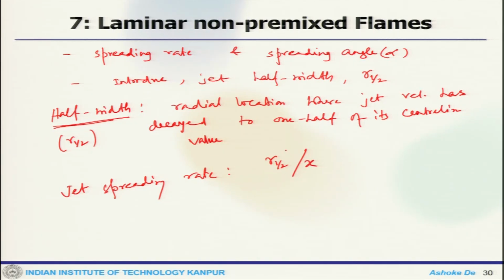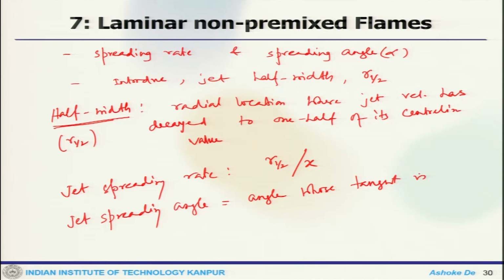So, one needs to find out the half width, and jet spreading angle is the angle whose tangent is the spreading rate. So, jet spreading rate would be R half by x, and jet spreading angle would be angle whose tangent is the spreading rate.